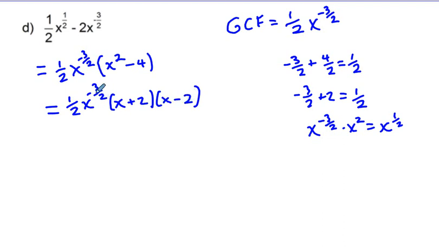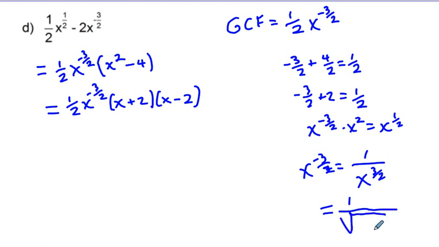And then we have this negative 3/2. Well, x to the negative 3/2 power is equal to 1 over x to the 3/2 power. And then we can write this as a radical expression. We're going to have 1 over square root of x cubed. So therefore, our answer is going to be, we have 1/2.